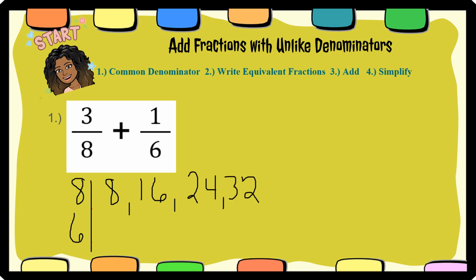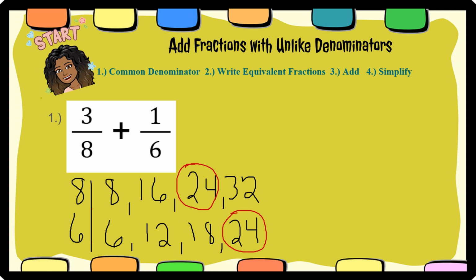My multiples of 6 are 6, 12, 18, and 24. I can now stop because my common denominator is 24.